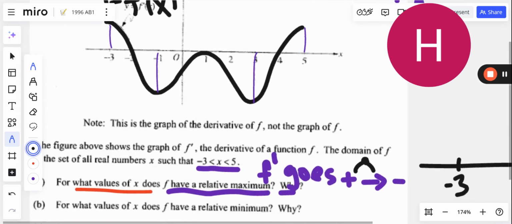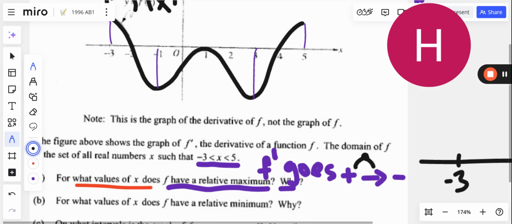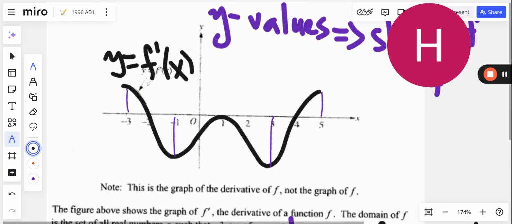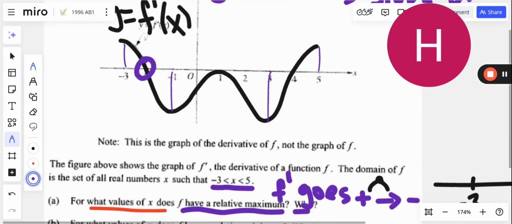This is the graph of the derivative. So we're looking for these y values here to go from positive to negative. That would be here. That's the only spot. That's the only spot where the derivative goes from positive to negative.